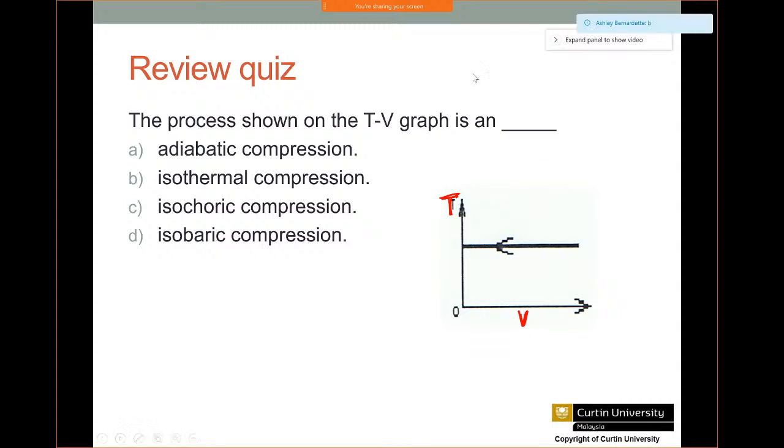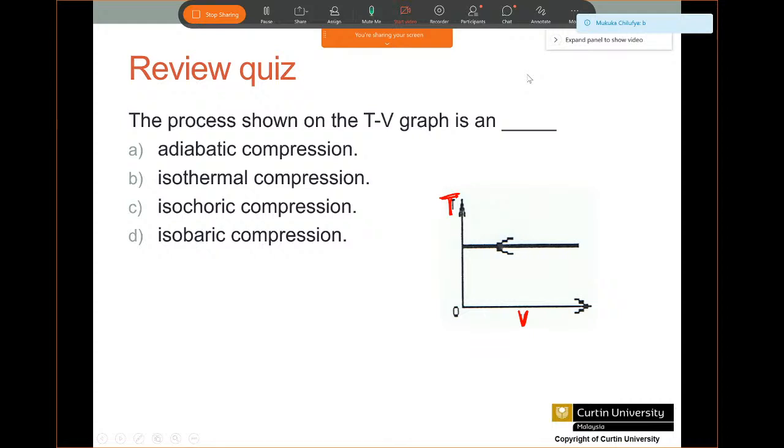Yeah, B. So if you look at here, temperature is constant. So if temperature is constant, it will be isothermal.